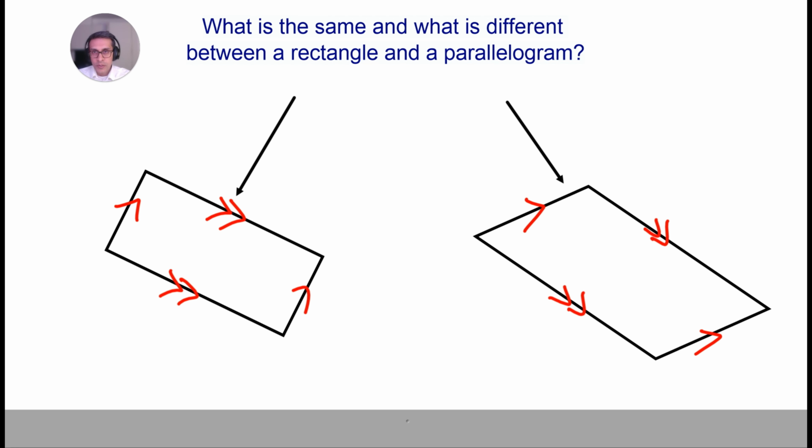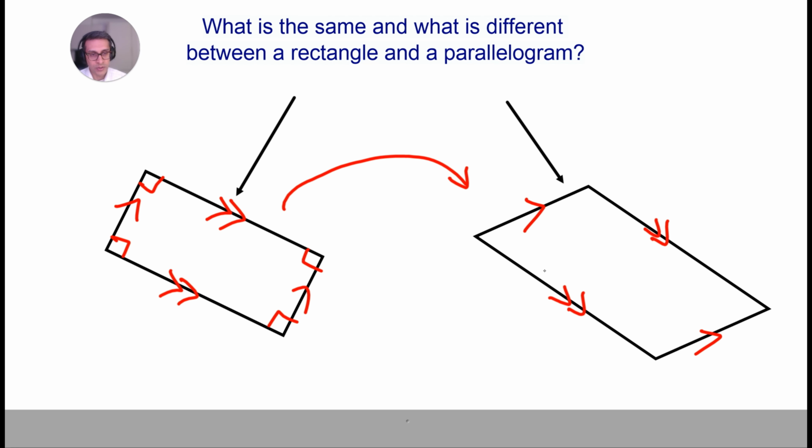And in terms of the difference between these two is the fact that a rectangle has got all right angles. A parallelogram doesn't.